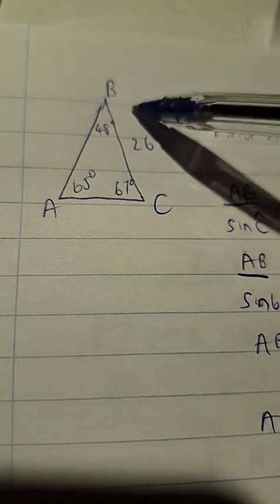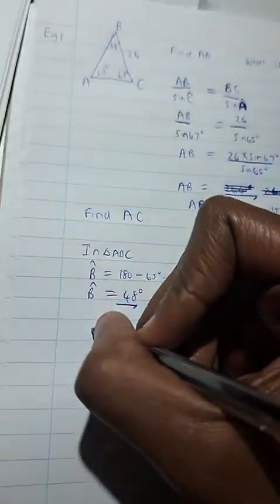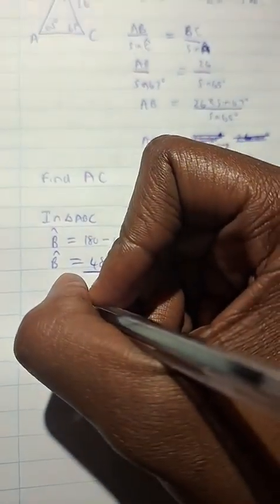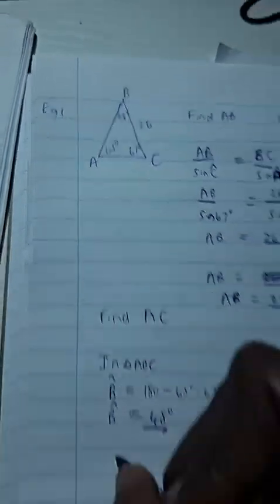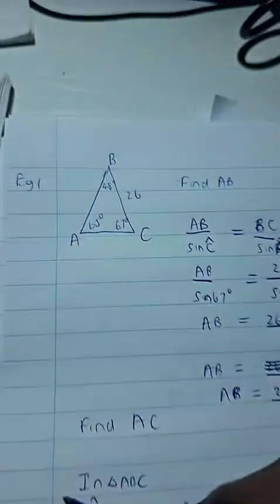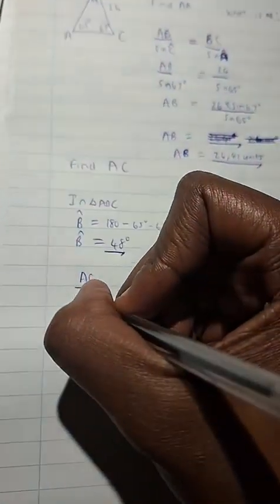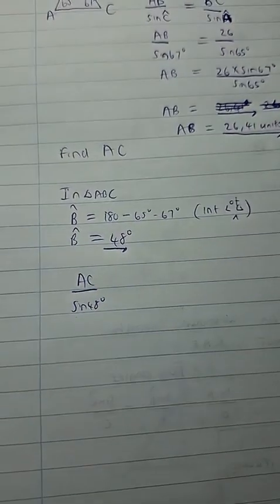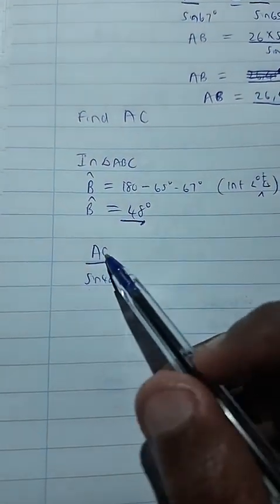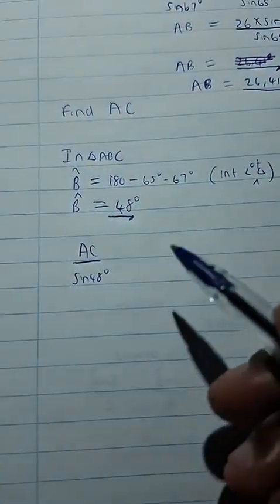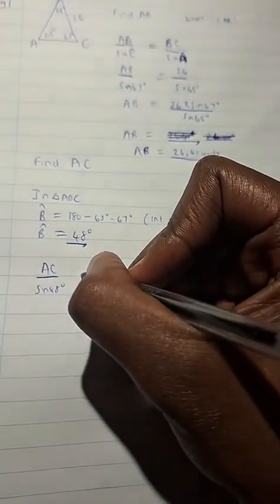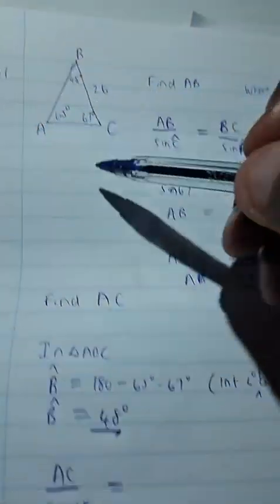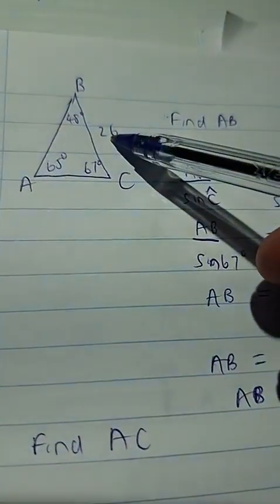Okay, so we can then go ahead and set up and say what do we want? AC over sine of angle 48 degrees. So our first fraction, the one unknown that I want, is waiting to be found, equal to the second fraction, which must have information.